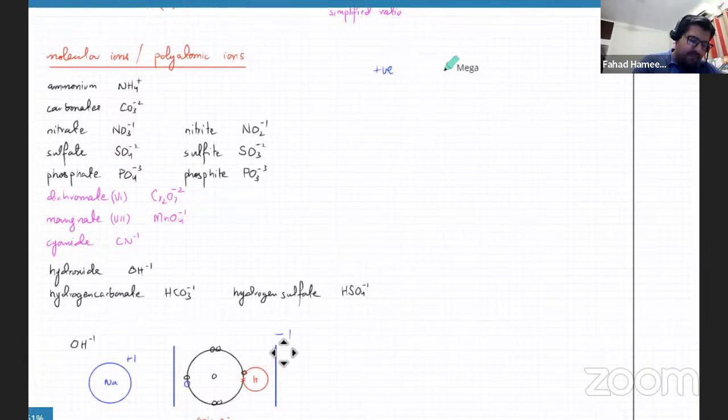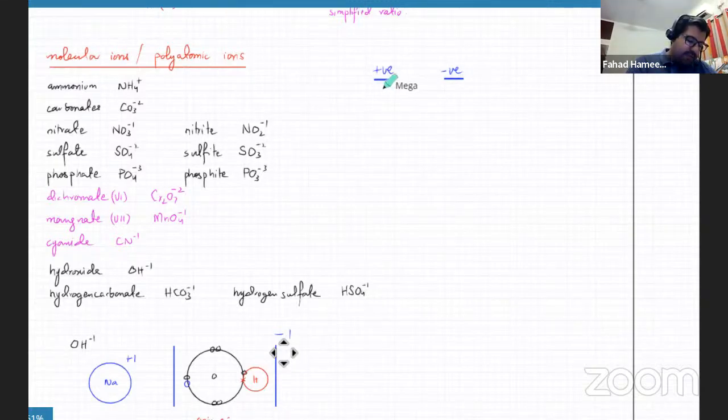The positive is usually written first and the negative is written after that on the right side. For some organic compounds, it's the opposite. Like carboxylic acids, the negative ion is written first and the positive ion is written after the negative ion. But usually, this is how things are going to work.